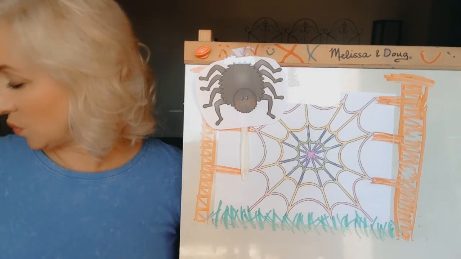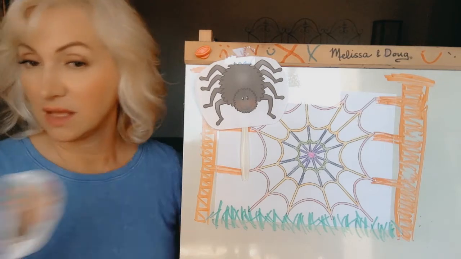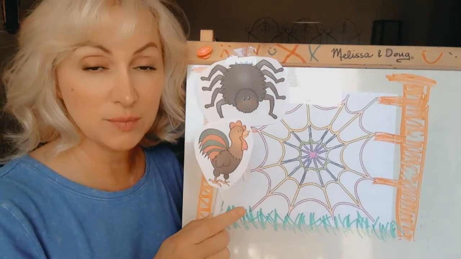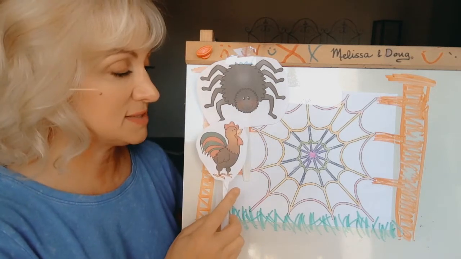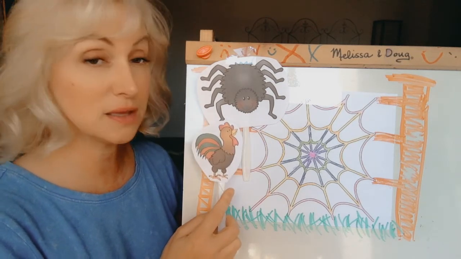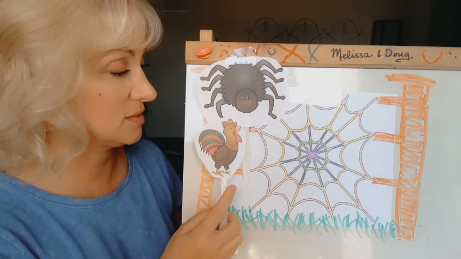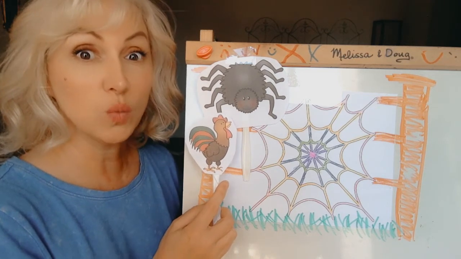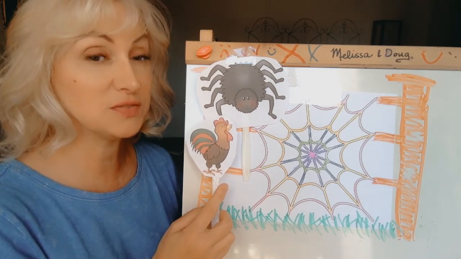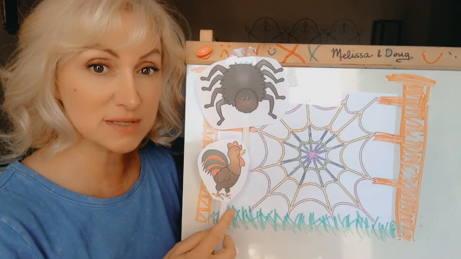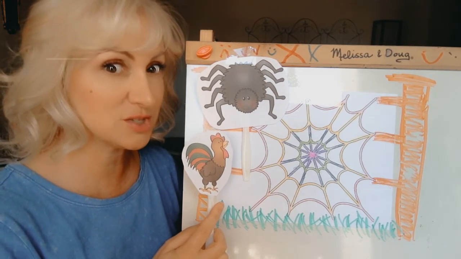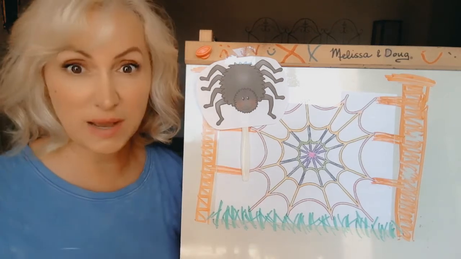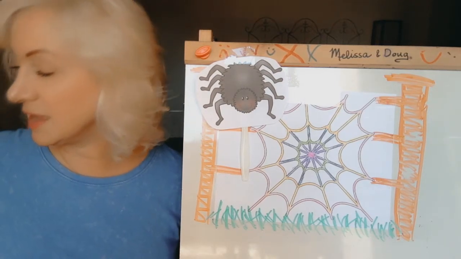Okay. Well, along came the rooster, who went cock-a-doodle-doo, and instead of asking if she'd like to go do something, the rooster said, "Would you like to catch a delicious fly now that the web is done?" The spider didn't say anything.